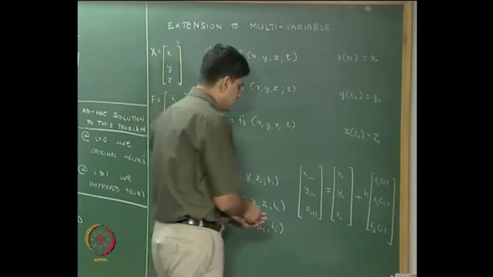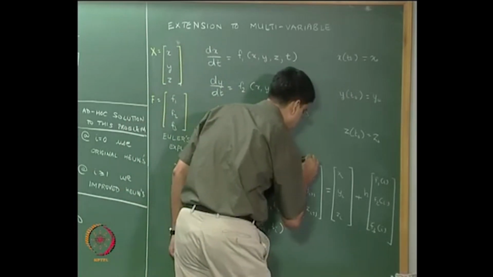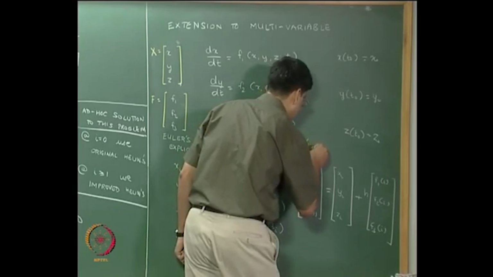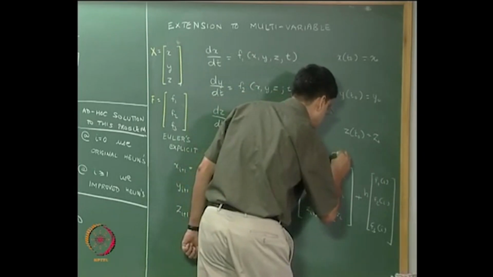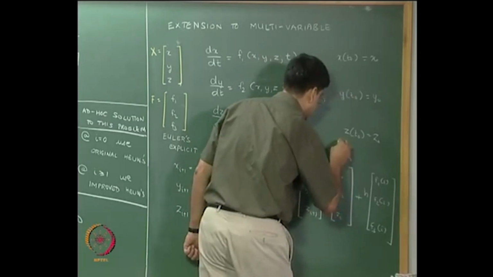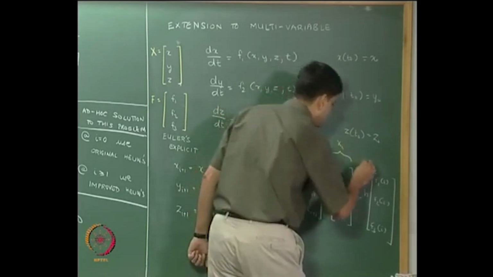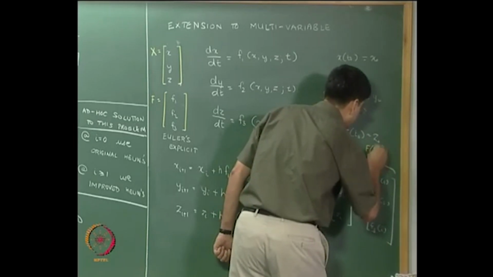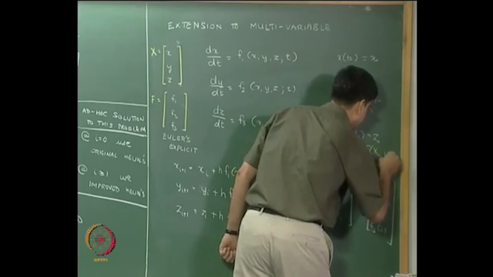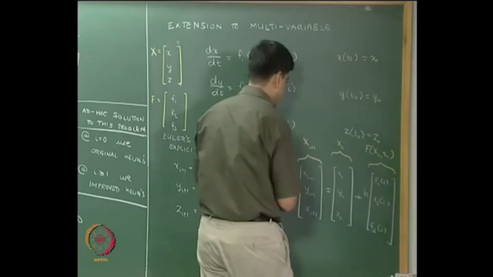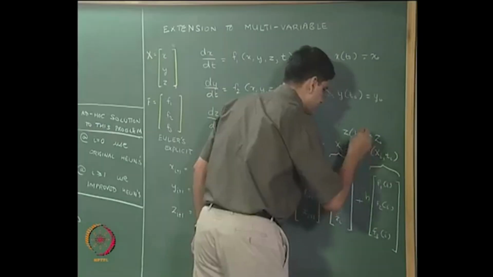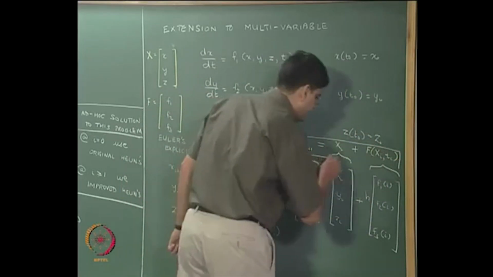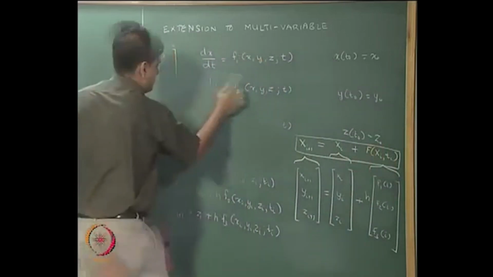Okay. So, this is nothing but our capital X i plus 1, this is nothing but our capital X i, and this is nothing but our capital F computed at Xi comma ti. Okay. And this is our multivariable Euler's equation.